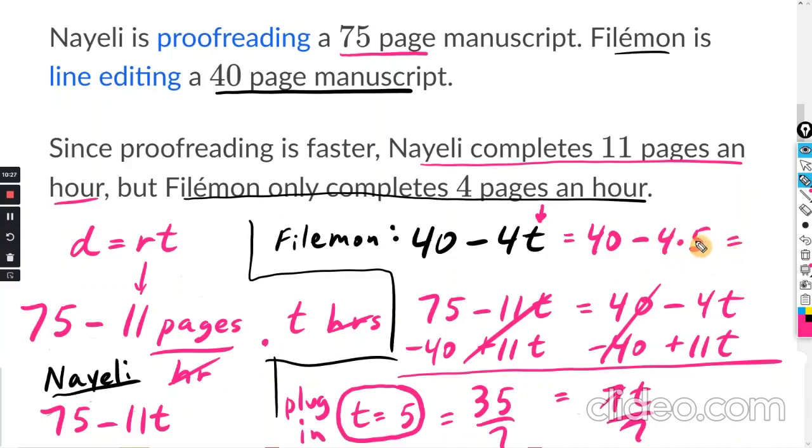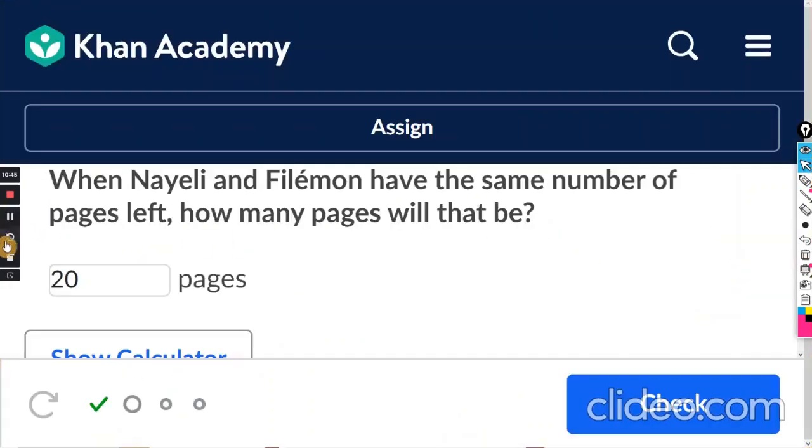Okay, 4 times 5 is 20, and 40 minus 20 is just 20. So the time when they're equal is at 5 hours, but the number of pages when they're equal is 20. So you see the units are in pages for the answer. So enter 20.